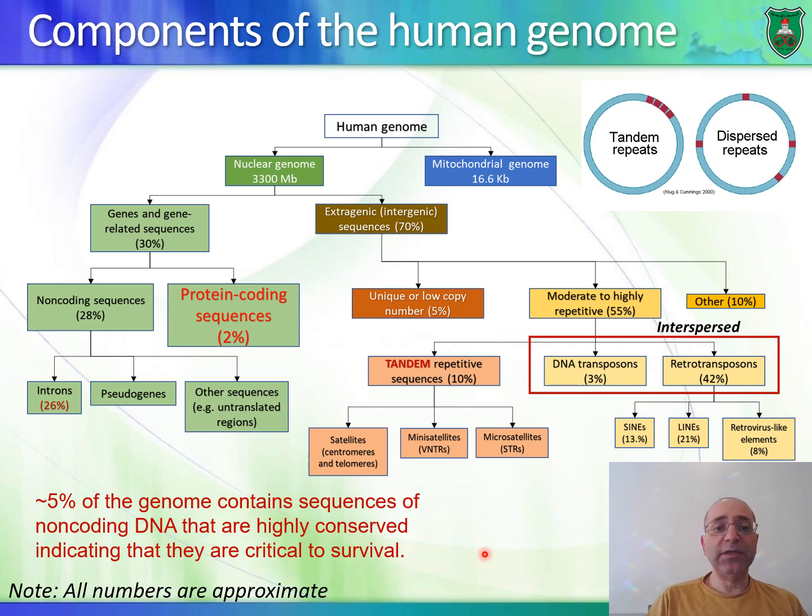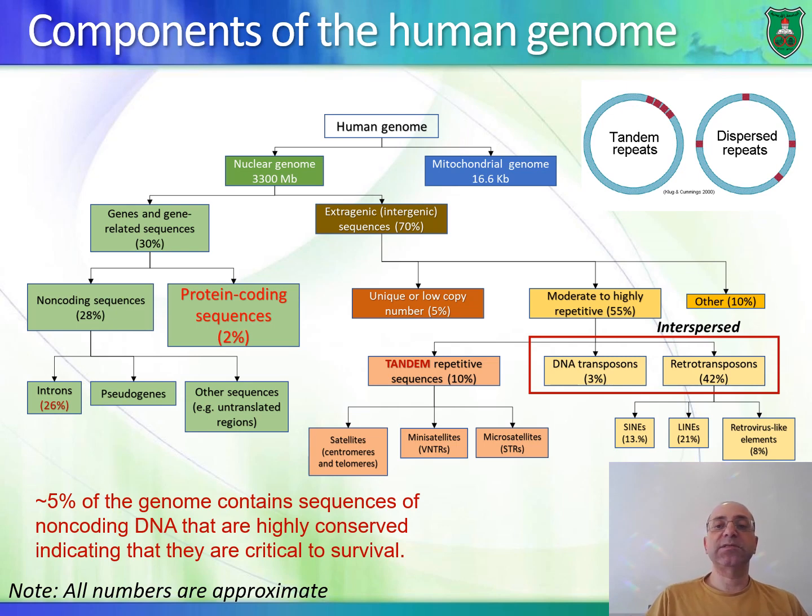Now, what's really interesting is that 5% of the genome contains sequences of non-coding DNA, DNA that is not transcribed, but they are highly conserved, okay? Highly conserved means that these sequences are similar to sequences found in mice and chimps and cows and cats and dogs and lions and you name it.